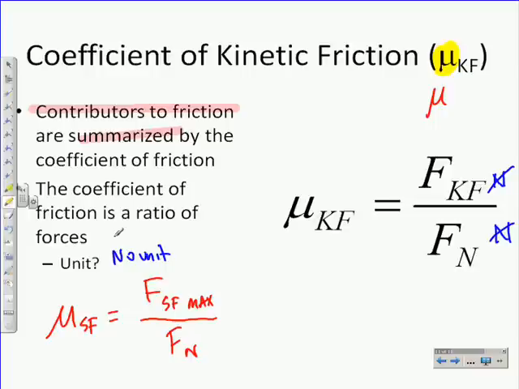It's telling you how one force compares to another force. Specifically in this case, the force of kinetic friction, or the force of static friction maximum, to the normal force itself. So the coefficient has no unit, but we can use it to calculate the force of friction. If we do that, that will have a unit of newtons.